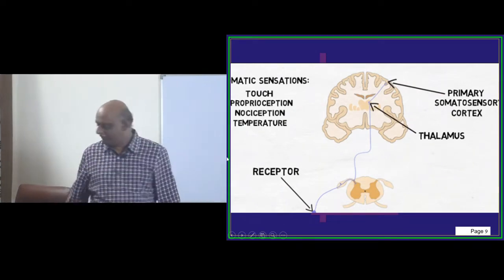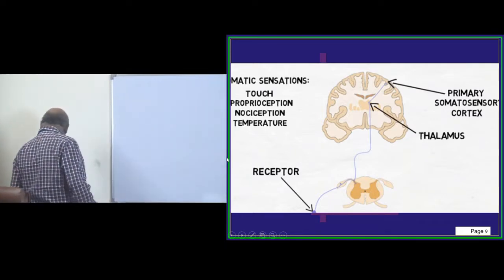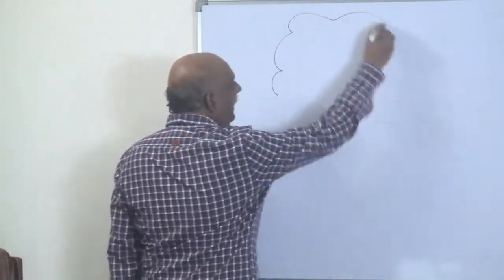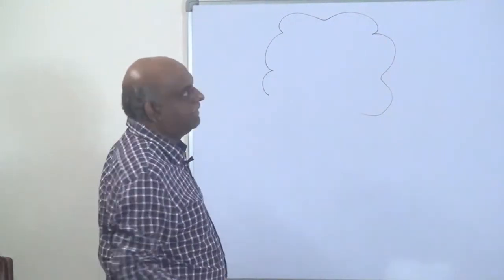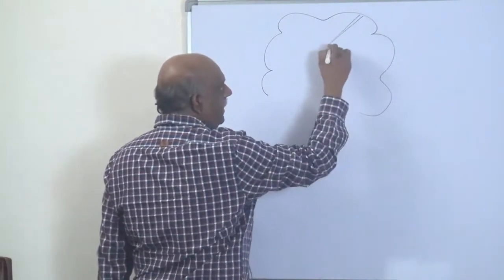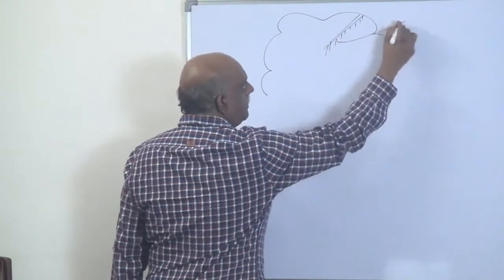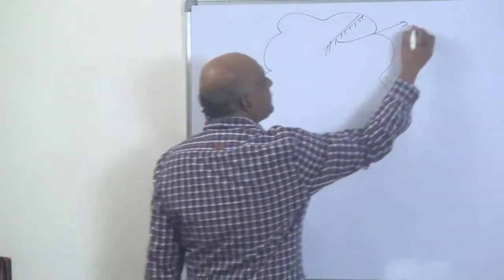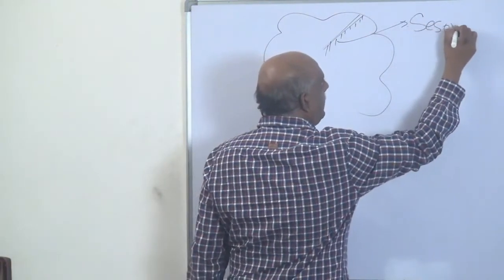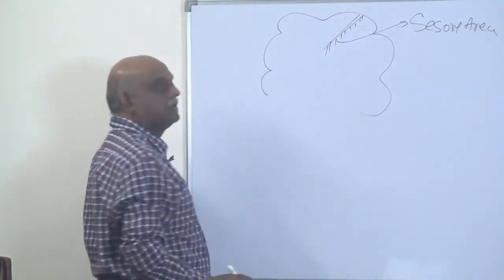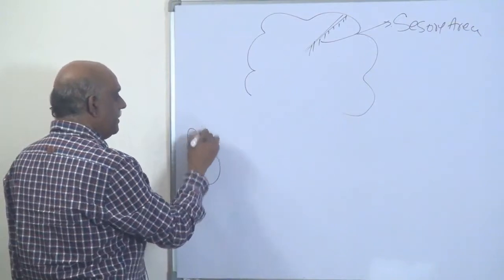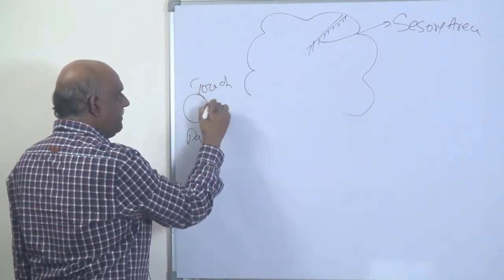Can you give me the board, please? Once more, let me reinforce to you that in the brain, typically there is a post-central gyrus, which is called the sensory area. Then you have the pain receptor, touch and vibration receptors.